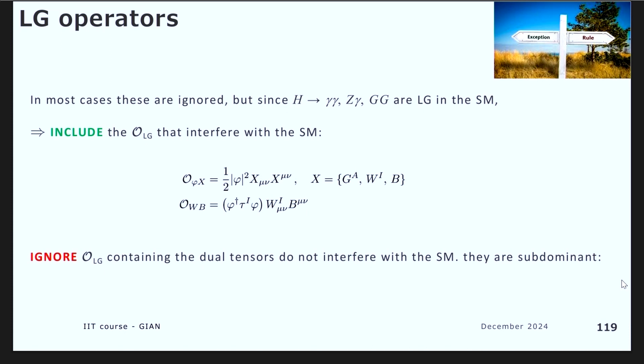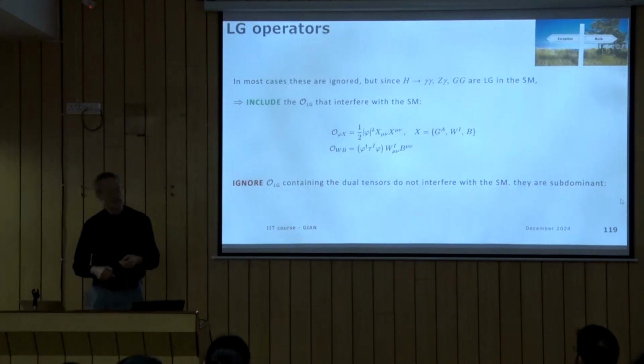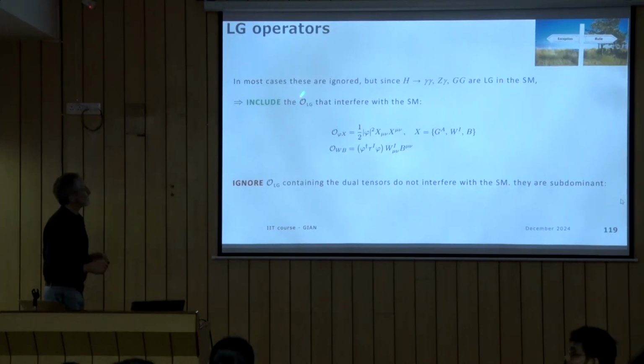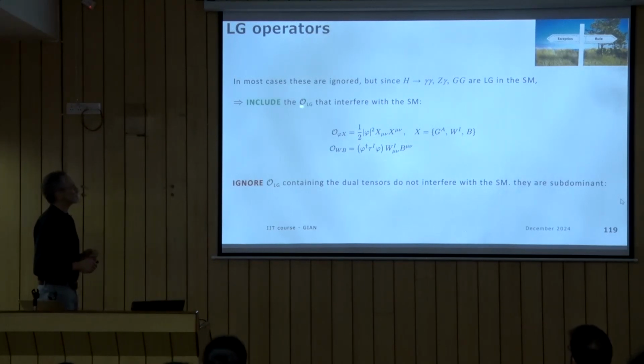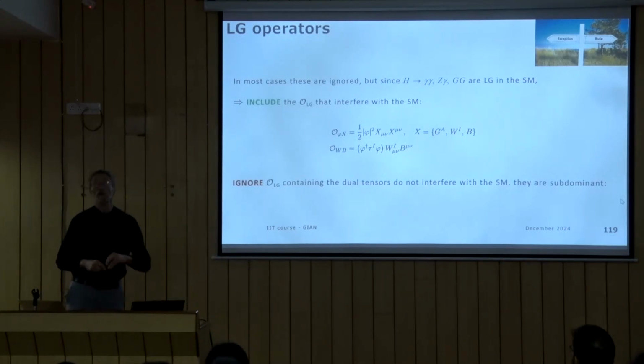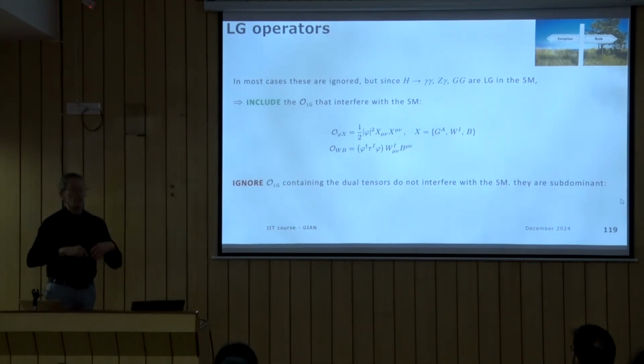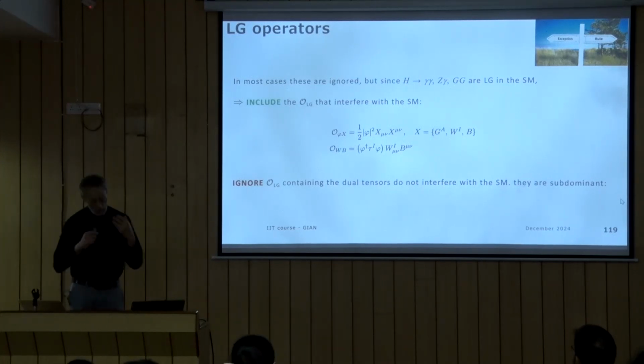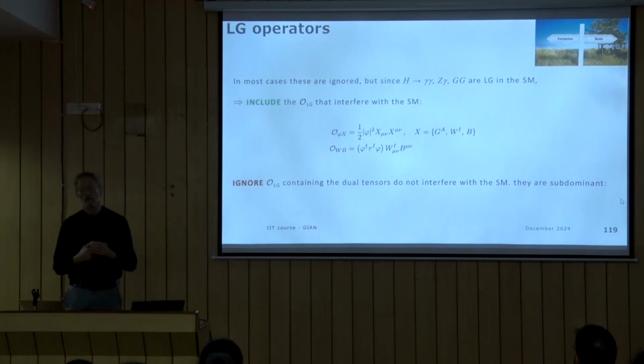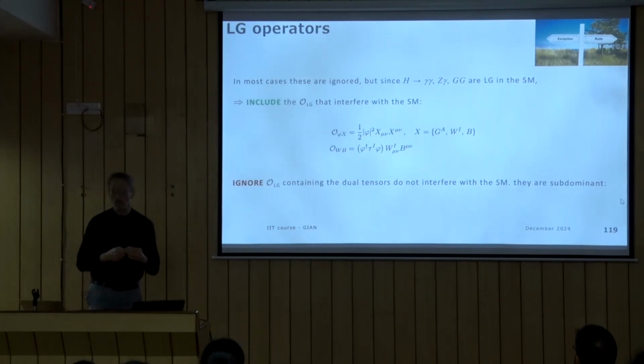And because the interesting decays of the Higgs to two photons and to Z gamma are also loop-generated, then effective operators that are loop-generated themselves that interfere with the standard model will give, in principle, large enough effects that can be measured or constrained given the LHC sensitivity.